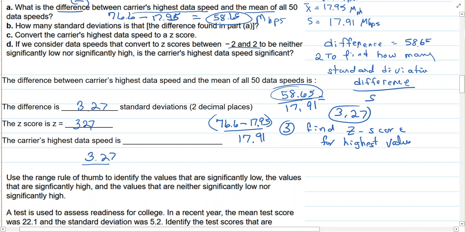So this is the z-score, and we're comparing it to a 2.00, and this number is greater. Therefore, it is significantly high for that speed. Very good.